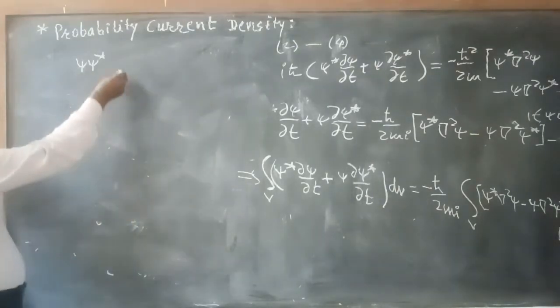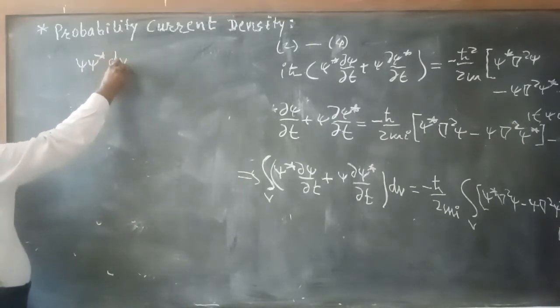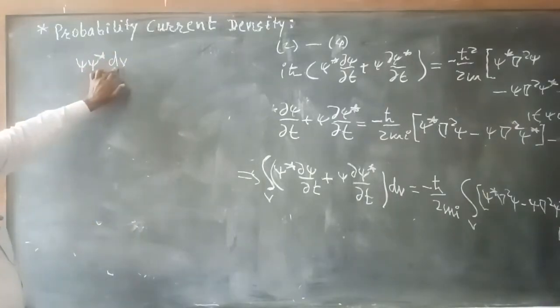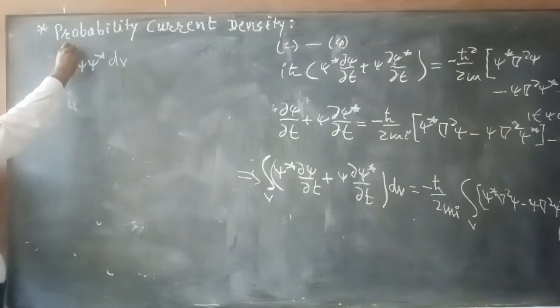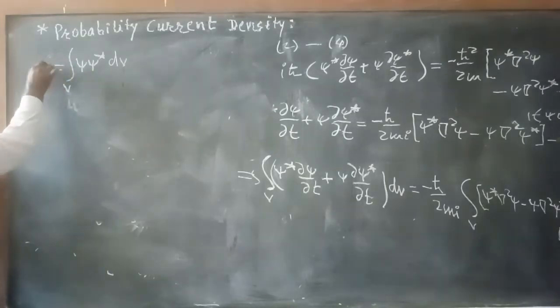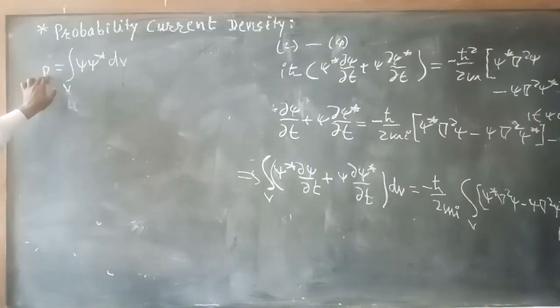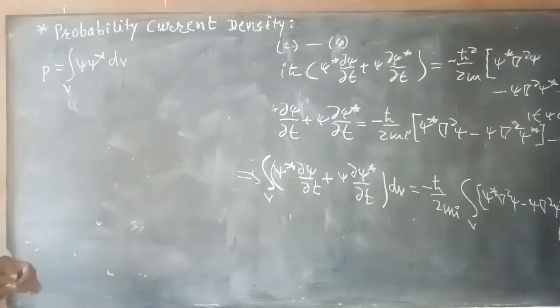So in the volume dV, ψ ψ* dV gives rise to the probability of finding the particle in volume V. The total probability of finding the particle in the complete region can be obtained by integrating this equation with respect to V. So P, the probability of finding the particle in the complete region, is given by ∫ψ ψ* dV.